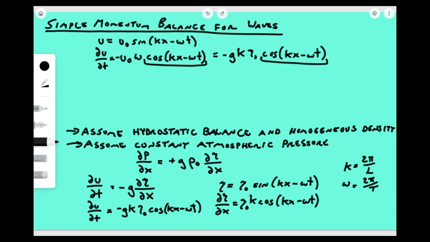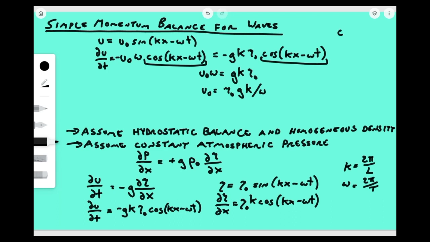For this to be true, u naught omega has to equal g k eta naught. So u naught, for this to be true, has to equal eta naught times g times k divided by omega.